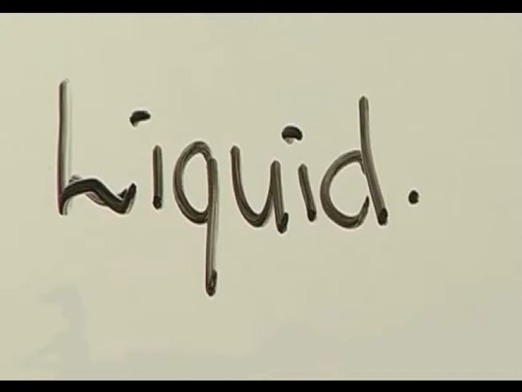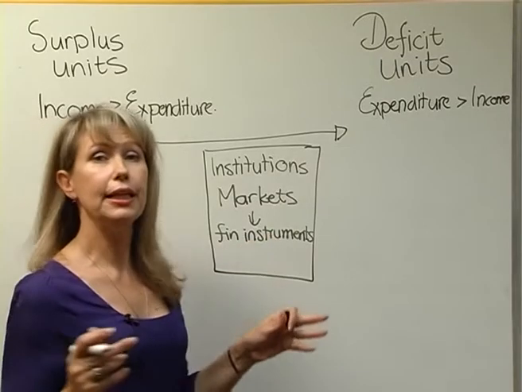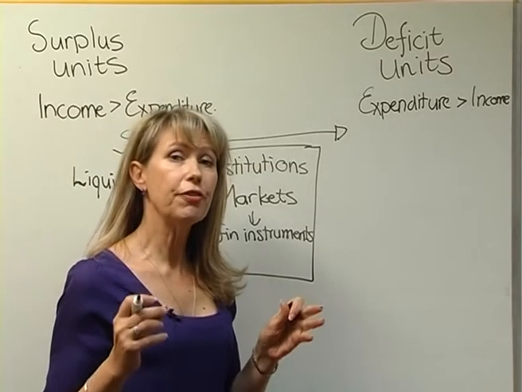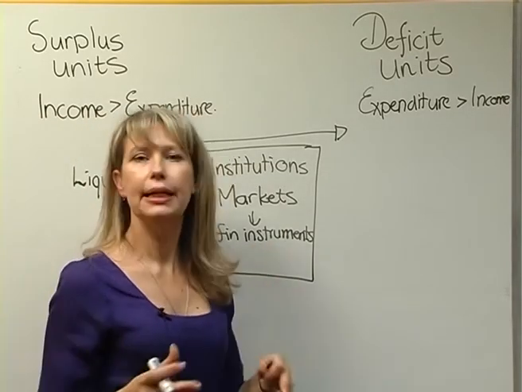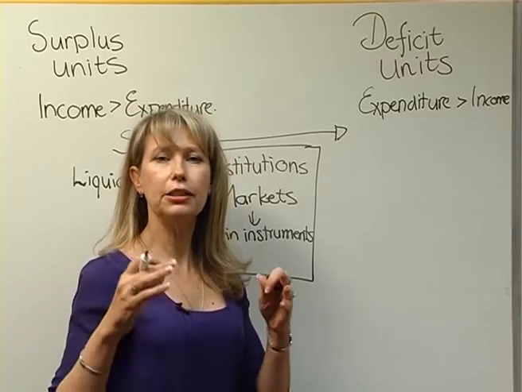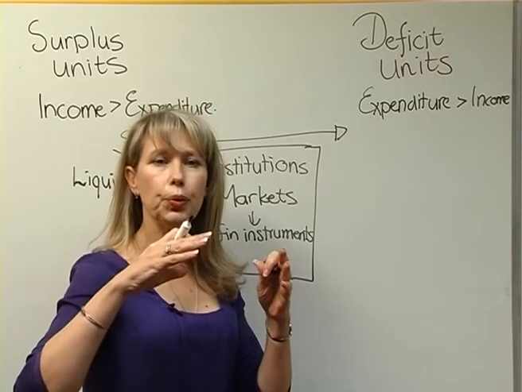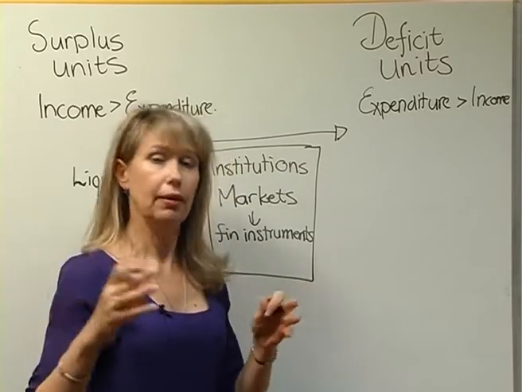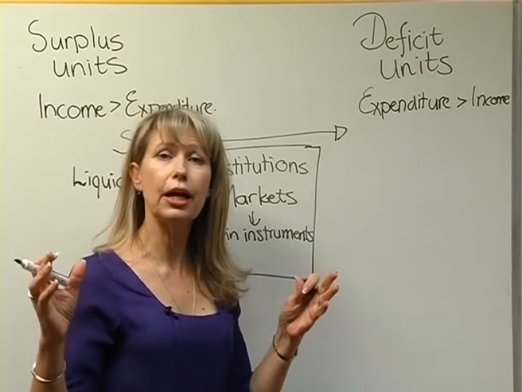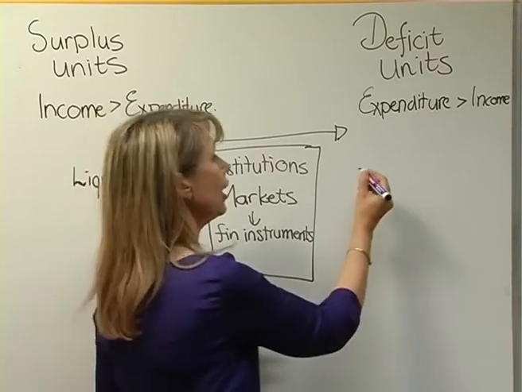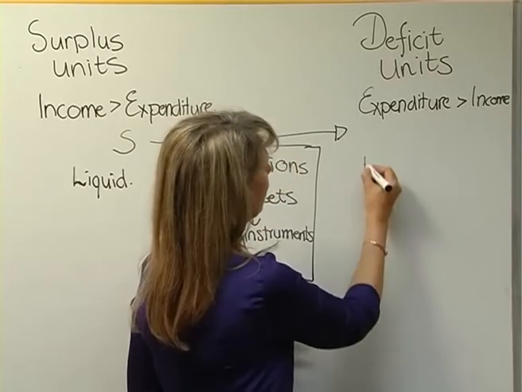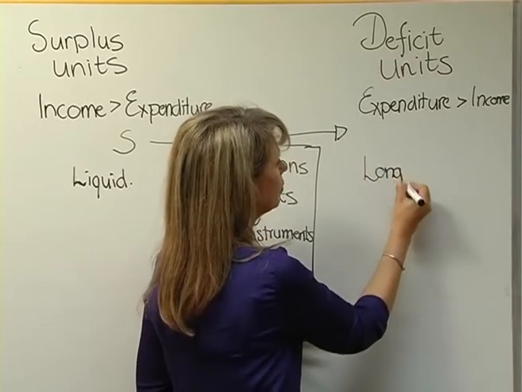The deficit units, on the other hand, will usually want to borrow funds for quite a long time. Let's say it's a mine and the mine is erecting a new shaft somewhere. It's going to be a long time before they gain income from it, so they want to have more long-term loans.